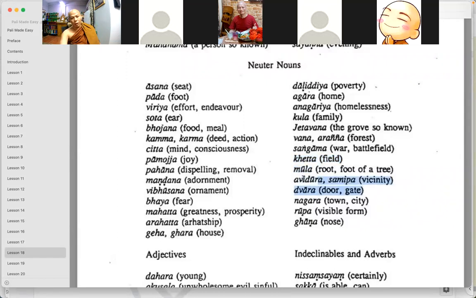And avidūra, samīpa, vicinity. Avidūra, samīpa, vicinity. And dvāra, door or gate. Okay. And nagara, town, city. Rūpa means visible form. And ghāna means nose. Okay, so these are neuter now. All of them end in a.